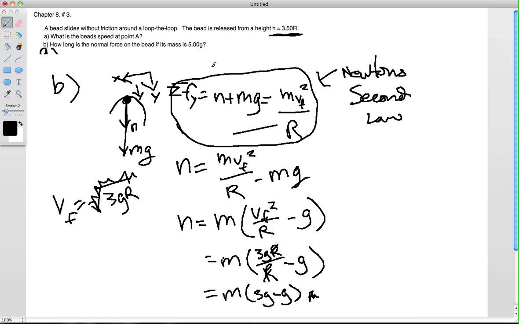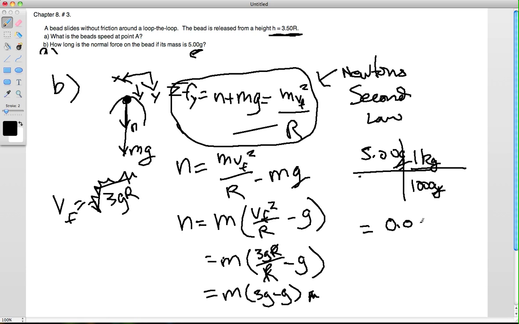Since the mass is 5 grams, we need to change it to kilograms to get newtons. There are 1,000 grams in 1 kilogram, so 5.00 grams equals 0.005 kilograms.